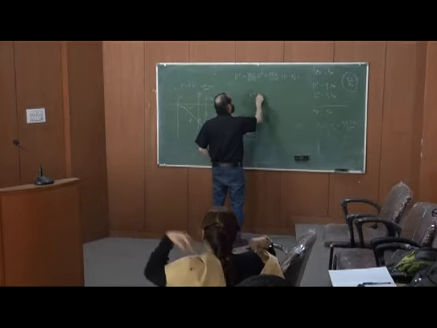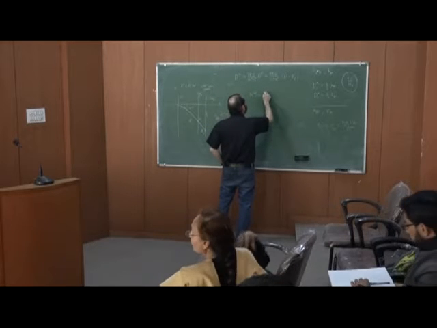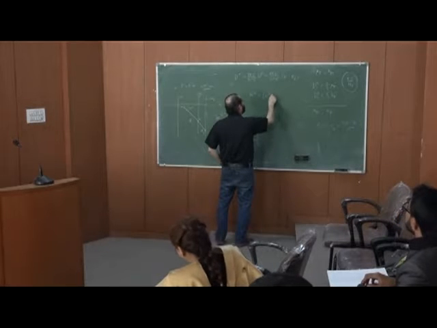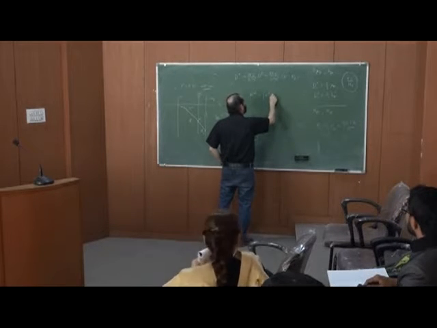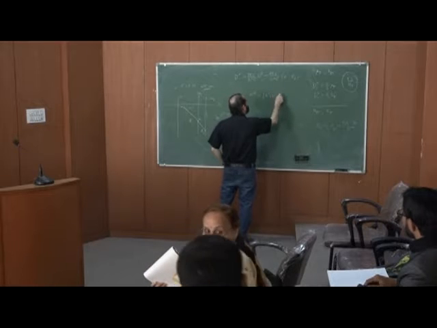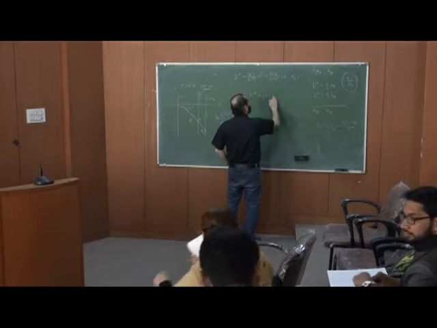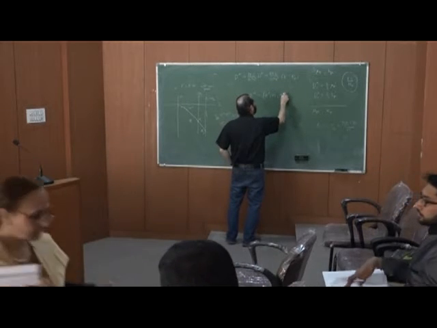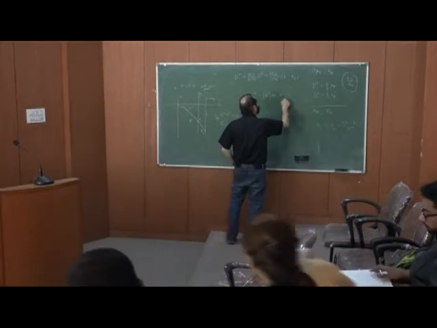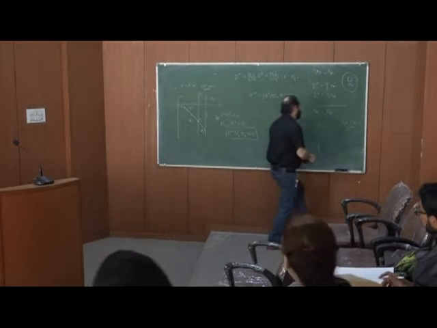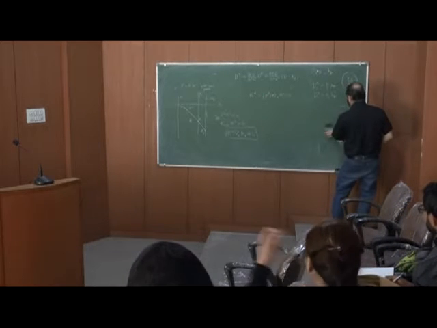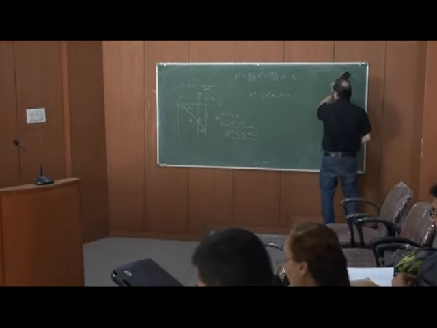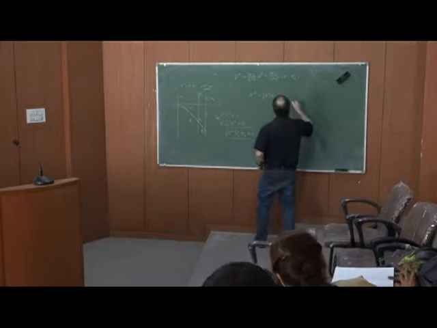This K^a will have a component, let's say K^t, that depends on lambda. No, let's not call it lambda, let's call it V. K^r(V). In general, this will be a curve that is parameterized by what is called an affine parameter.